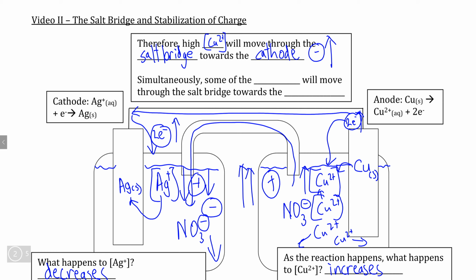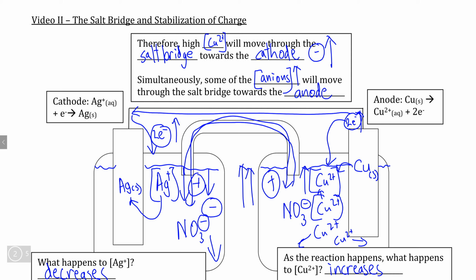Now, simultaneously, the high concentration of anions, because remember that it doesn't have to always be nitrate, as long as there's any anion that will have a soluble electrolyte here, any of the high concentration of anions that's accumulating at the cathode is going to migrate in the opposite direction towards the anode.